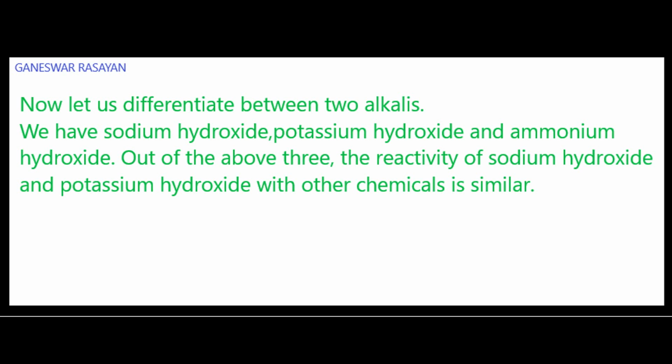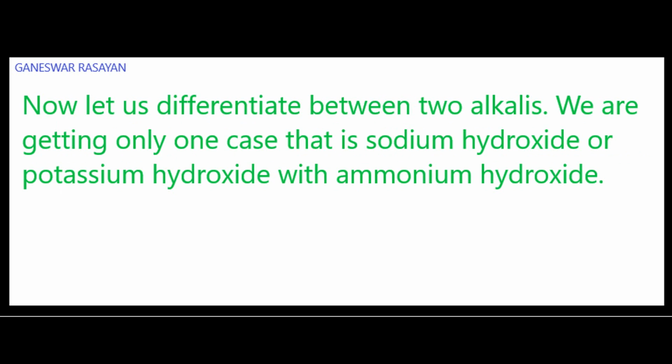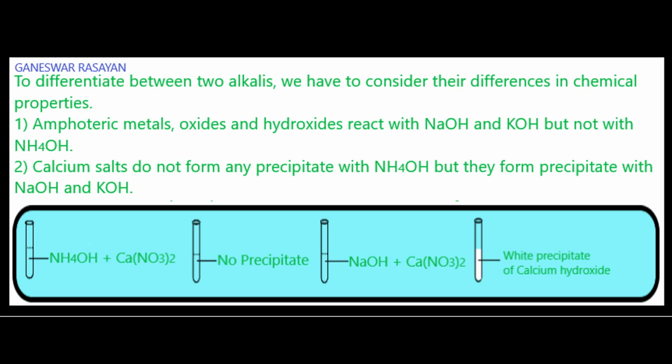Out of the above three, the reactivity of sodium hydroxide and potassium hydroxide with other chemicals is similar. Now let us differentiate between two alkalis. We are getting only one case, that is sodium hydroxide or potassium hydroxide with ammonium hydroxide. To differentiate between two alkalis, we have to consider their difference in chemical properties.